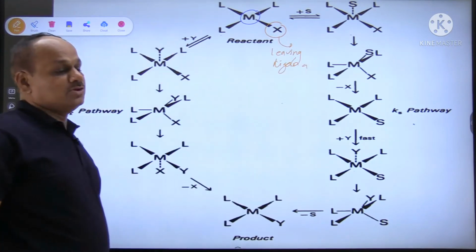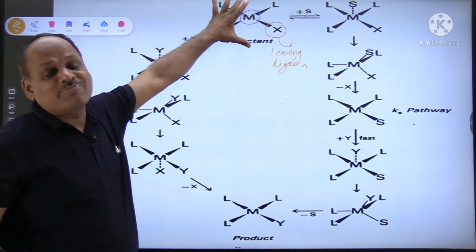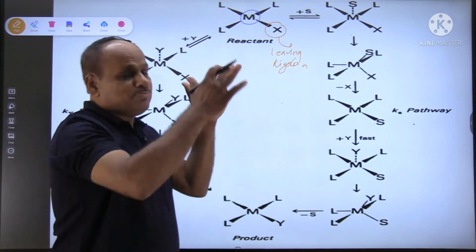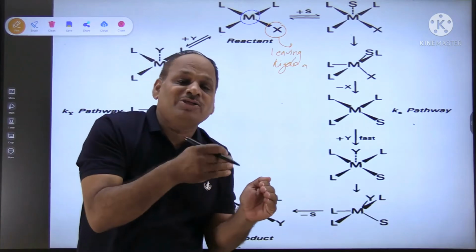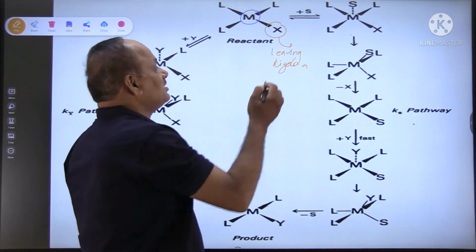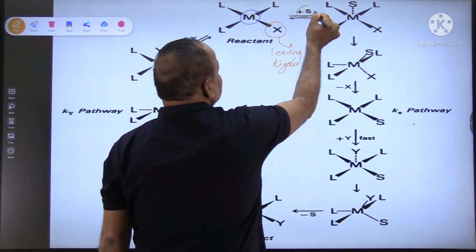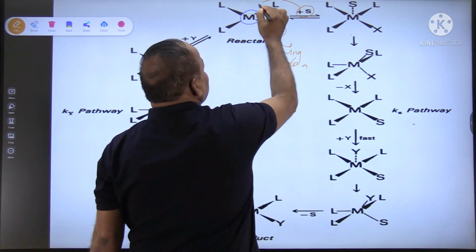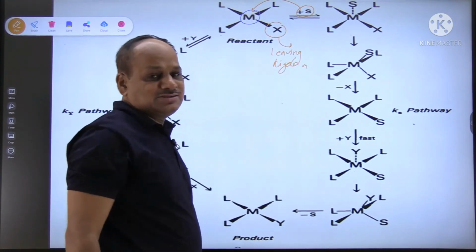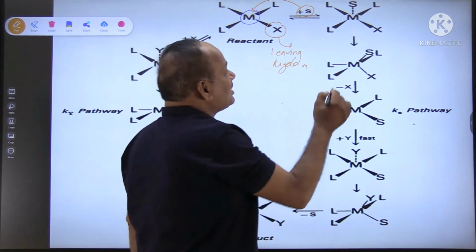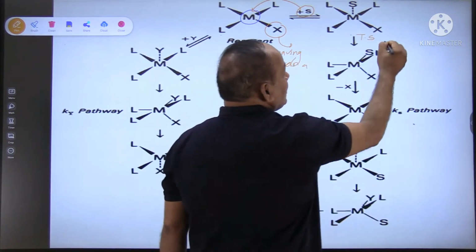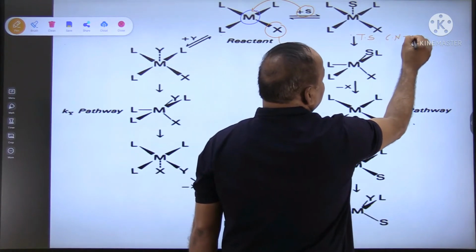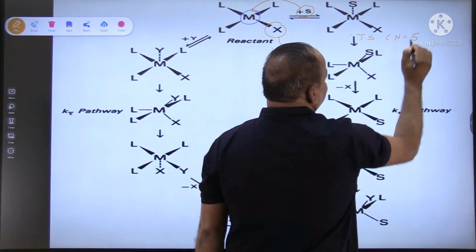This is the substrate complex, the reactant. Then the first pathway, where the solvent molecule takes part in the reaction. This S means the solvent first attacks the central metal ion, supposed to be platinum, and you get the transition state having coordination number 5.